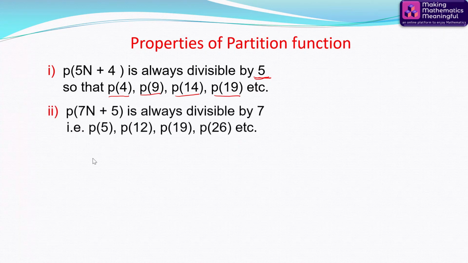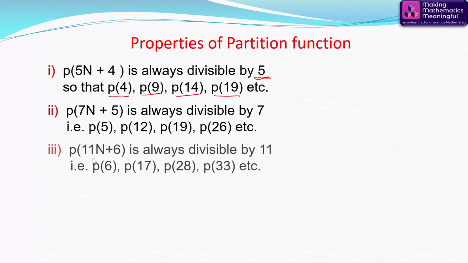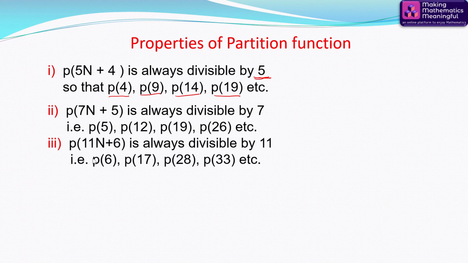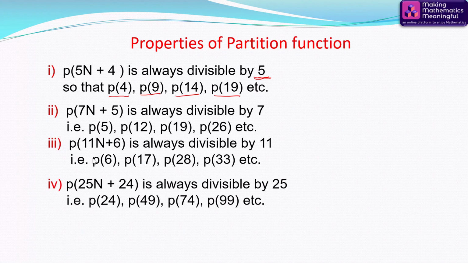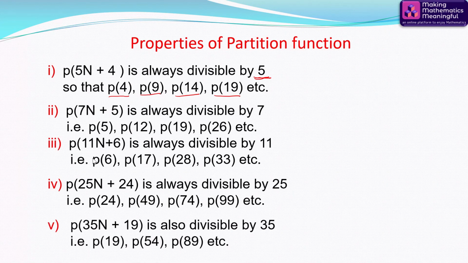Similarly, there are more properties as shown here. p of 7n plus 5 is always divisible by 7. p of 11n plus 6 is always divisible by 11. p of 25n plus 24 is always divisible by 25. p of 35n plus 19 is divisible by 35.